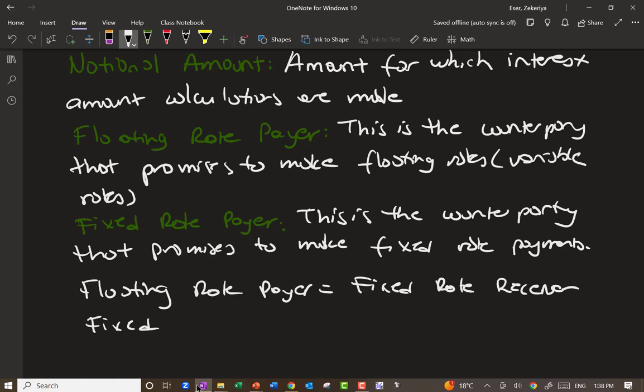If you are a fixed rate payer, you are a floating rate receiver.